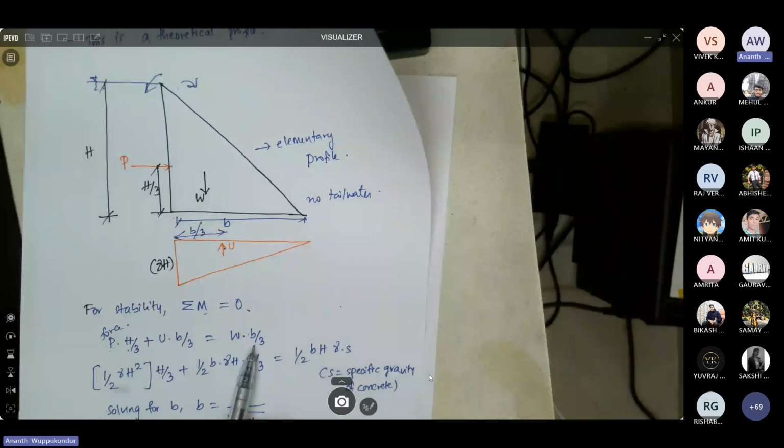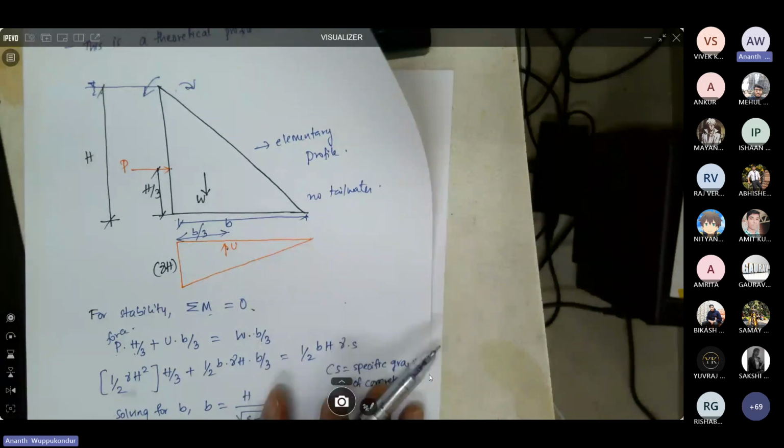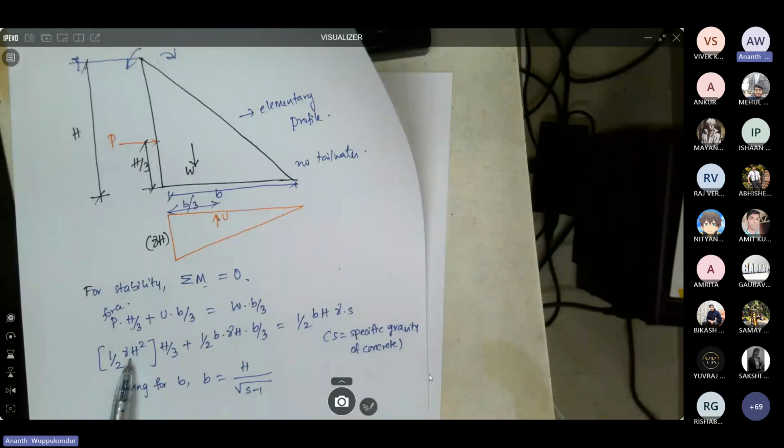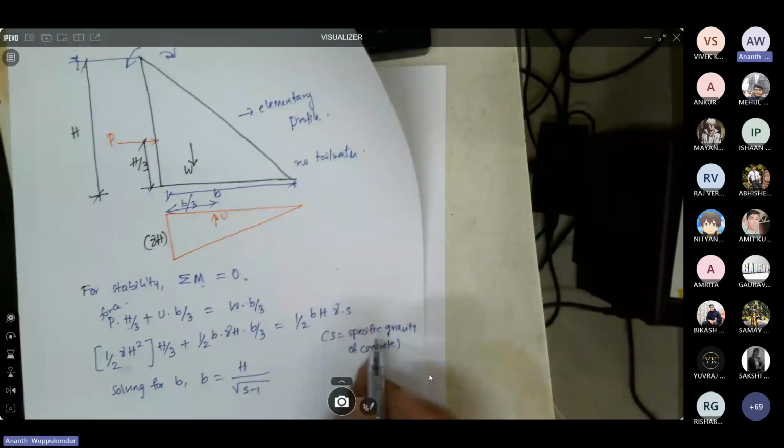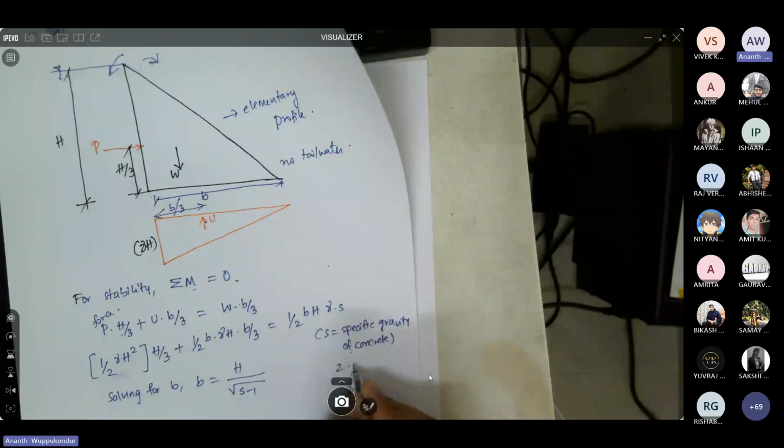If you substitute for the hydrostatic force, the uplift force, and the self weight of the dam, and simplify this equation, you get an expression for the bottom width of the dam. The bottom width is a function of the height of the dam divided by the square root of s minus 1, where s is the specific gravity of concrete, usually 2.4.